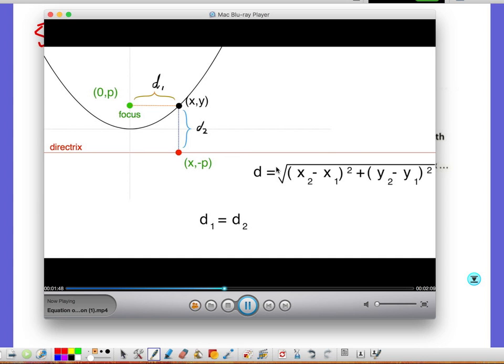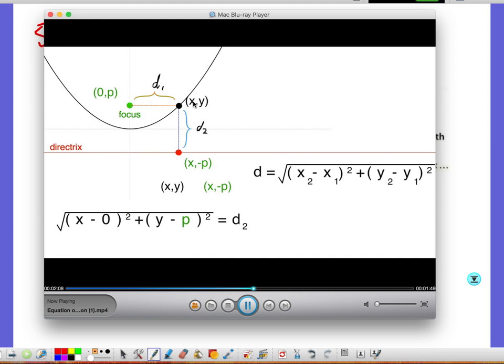And the distance formula is equal to the square root of (x2 minus x1) squared plus (y2 minus y1) squared. Now, to find D1, we simply have to take the endpoints of the first line, which are (0, p) and (x, y), and substitute them into the distance formula.